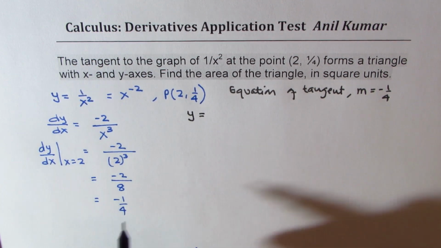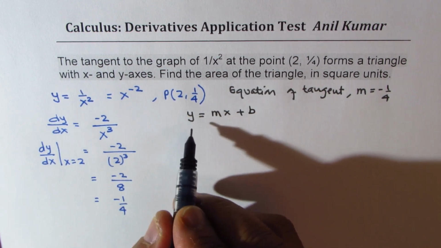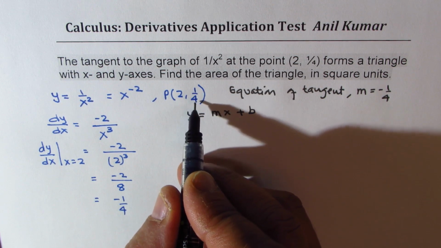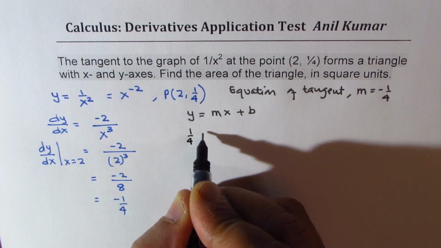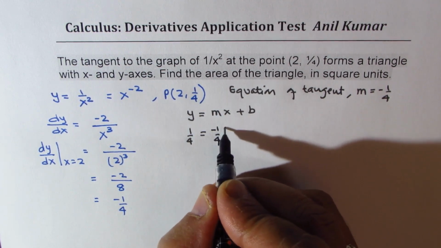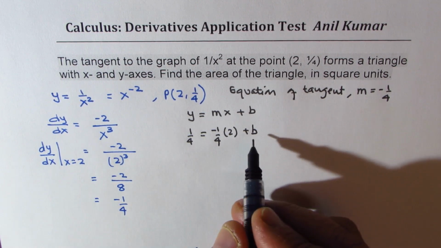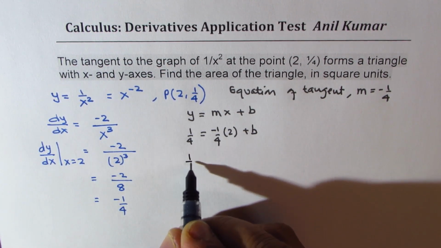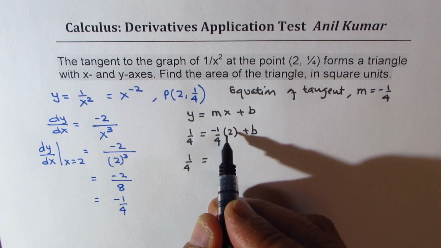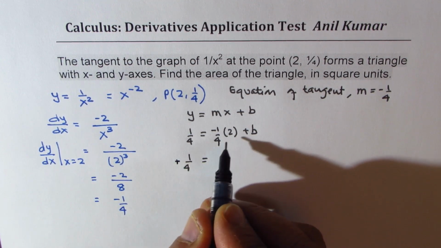y equals mx plus b first, right? Now in this case, x is 2, y is 1 over 4, the point. Slope is minus 1 over 4. We need to find b. So it is 1 over 4 equals minus 1 over 4 times 2 plus b. We can take it to the left side, so it becomes plus 2 over 4.